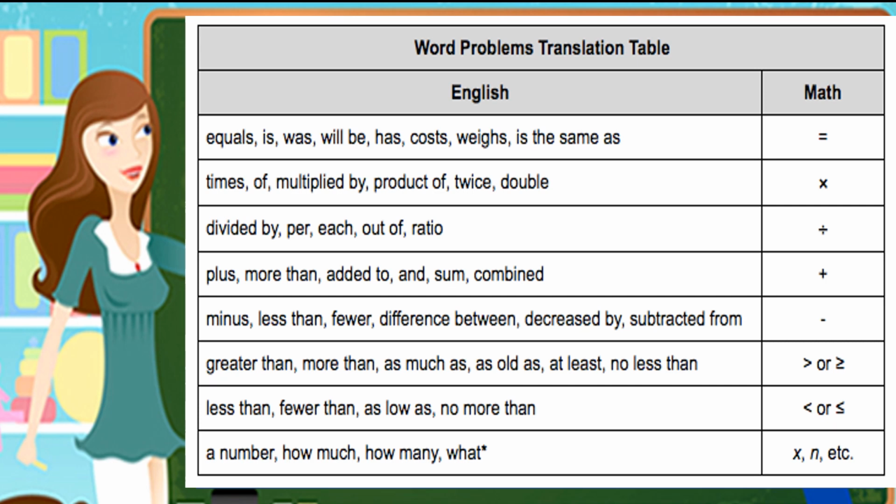Okay. Then, word problems, translation table. So, lagi niyong tatandaan, yung English word ay pwede din gamitin sa mathematics para makabuo tayo ng equation. So, equals, is, was, will be, has, costs, weighs, is the same as, lahat ng words na ito, ang symbol niya sa math ay equal sign. Yung times of, multiplied by, product of, twice, double, siya naman ay multiplication or times.